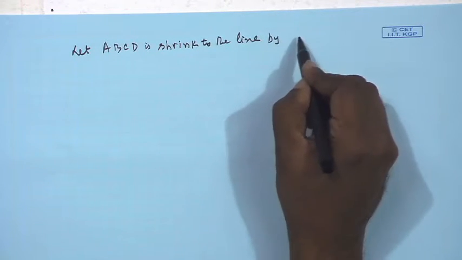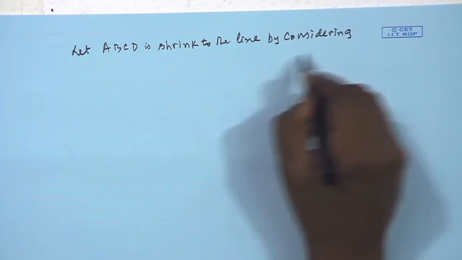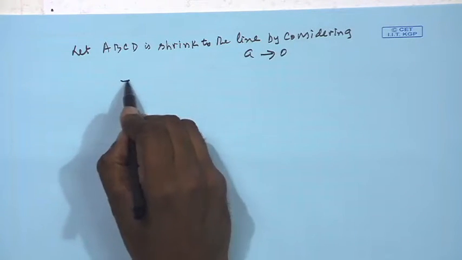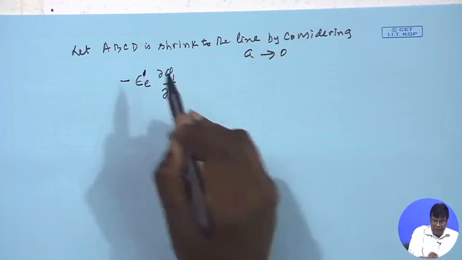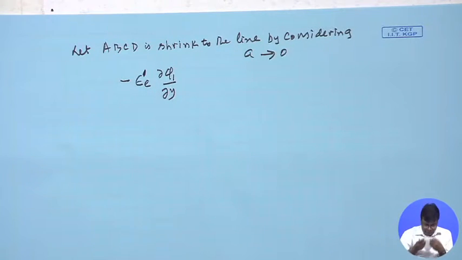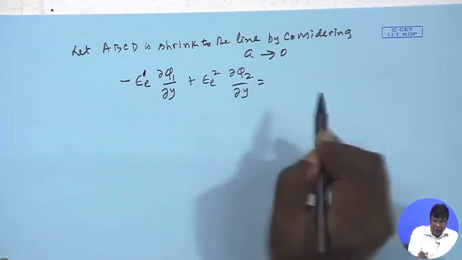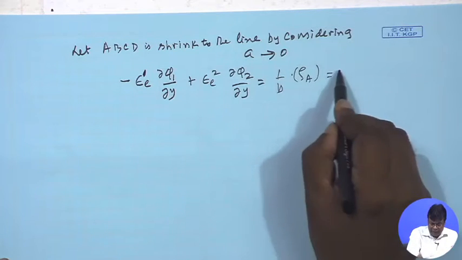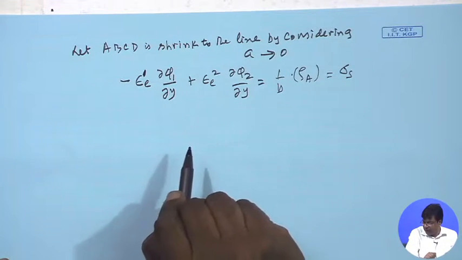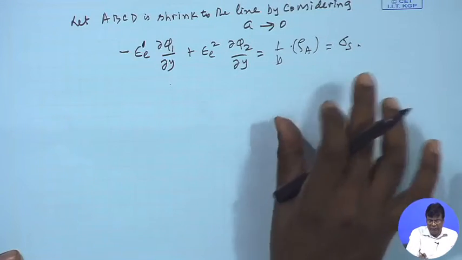By considering A tends to 0, what I get is epsilon E1 del phi 1 del y, this is the permittivity of the other medium, the medium on the upper side of the interface, and this is epsilon E2 del phi 2 del y, equal to 1 by B into, say, rho A. If I call rho A the area charge density, this becomes sigma s, where sigma s is the interface surface charge density, because this is divided by the portion we are considering.